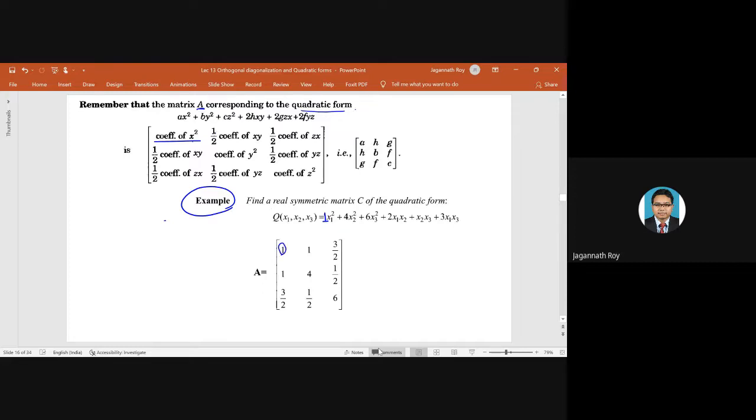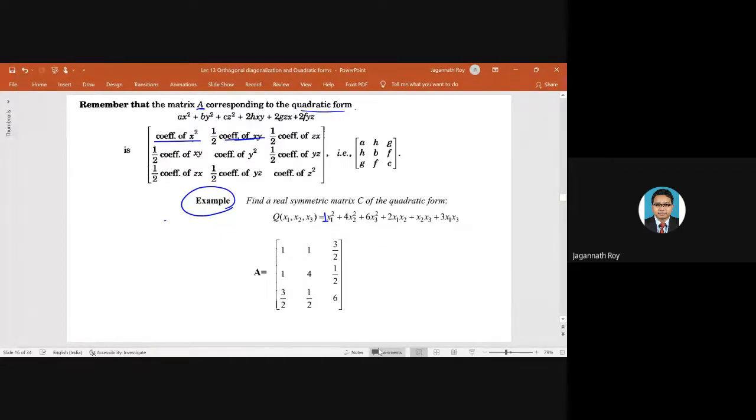Then half of the coefficient of xy. So what you do, you write here x, y, and z, and then x, y, and z. So x into x square, write down the coefficient of x square. X into y, half of the coefficient of xy. So here it is x1, x2. So let us write x1, x2 here. Okay.